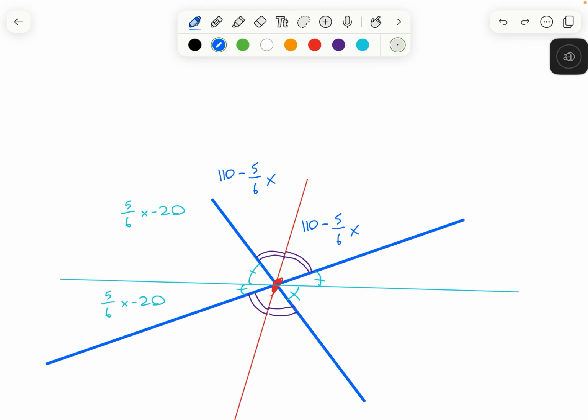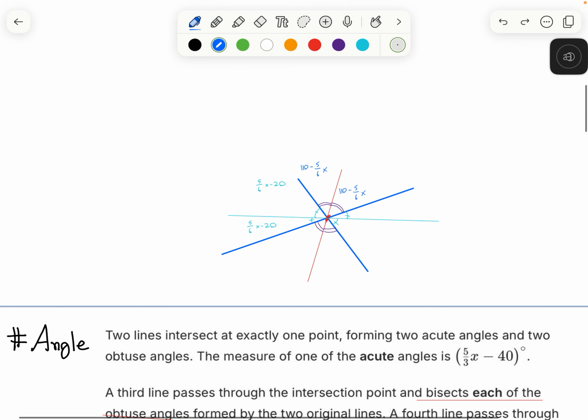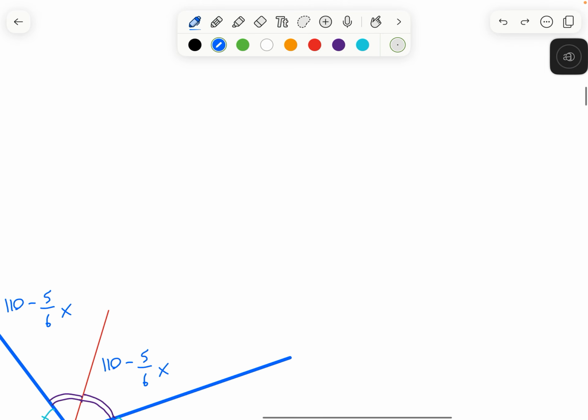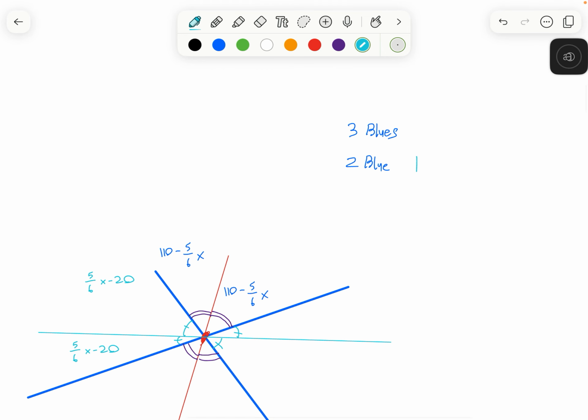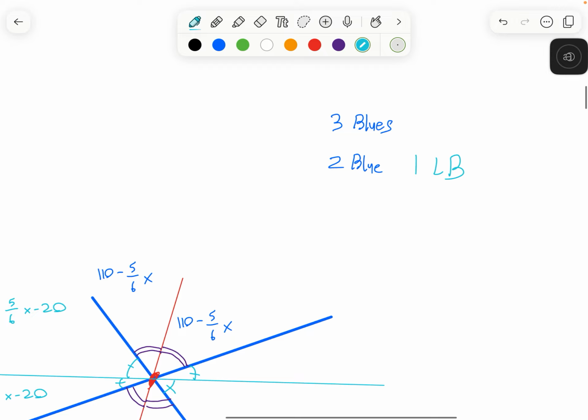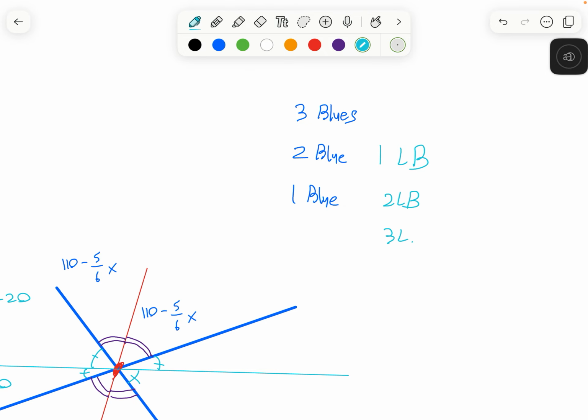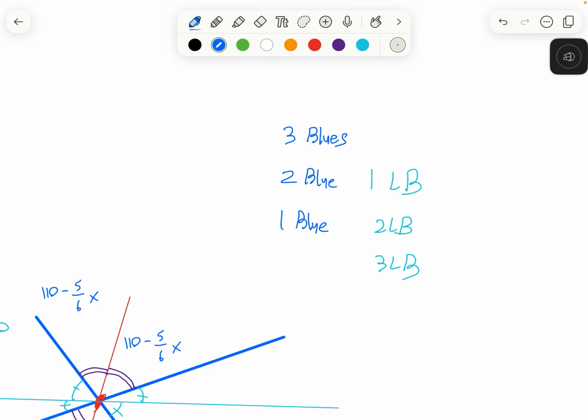So if you want to add three angles together, you can have three blue ones, two blue and then one of these, which I'm just going to call LB for light blue, one blue and two LBs, or all three being light blues.